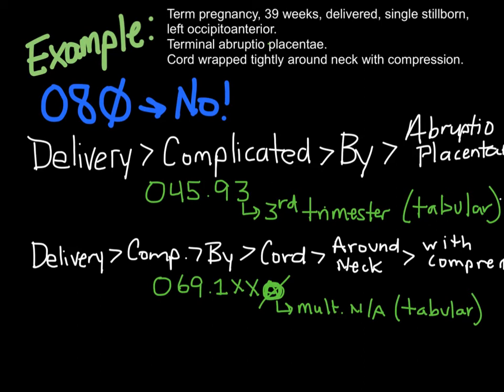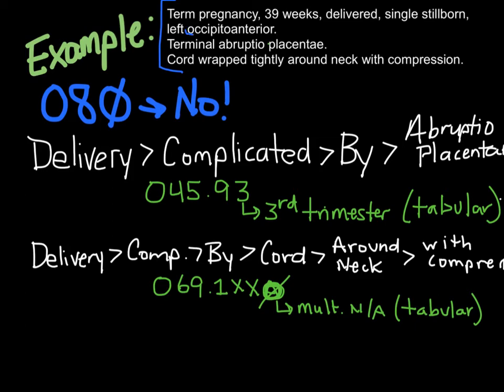Let's take a look at an example from exercise 24.4 to pull in some of these concepts we just reviewed. So here we have term pregnancy, 39 weeks, delivered single stillborn, left occipito-anterior, meaning head first.